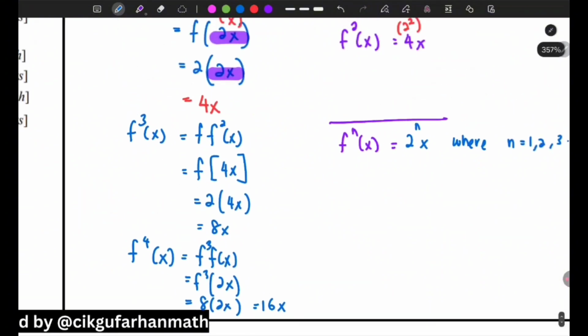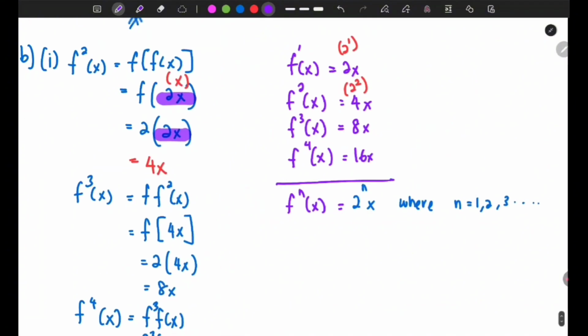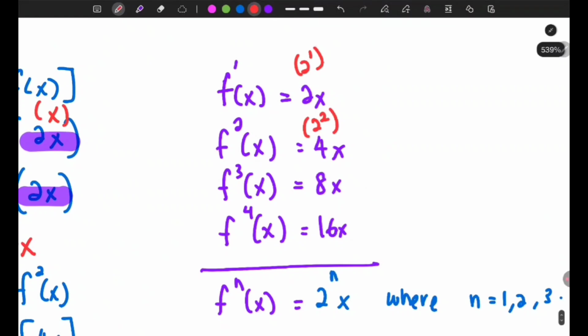So here you can see the pattern very nice. If I add more numbers, you see 8x, f to the power of 4 x is 16x. That means the pattern is very clear. Here is 2 to the power of 3, here is 2 to the power of 4.